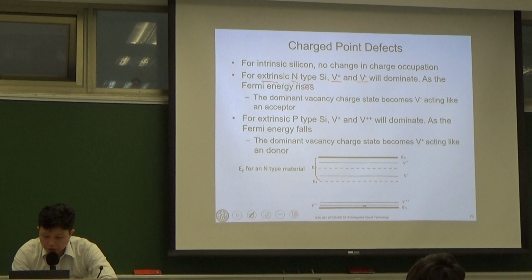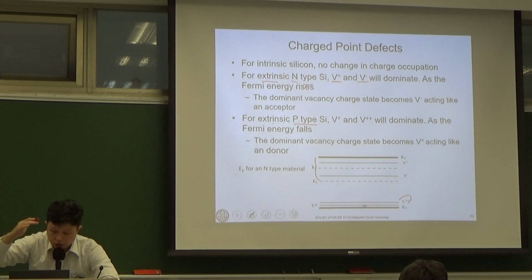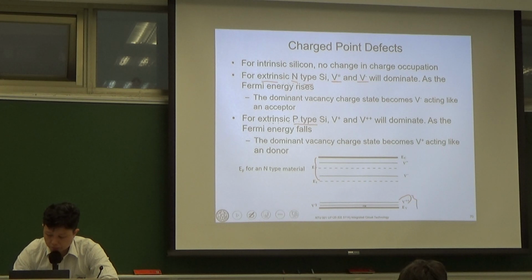And this dominant vacancy charge state acts like an acceptor, because it will accept your electrons. For the P-type, the V plus and V plus plus states will dominate when your energy level changes to this region, and this will act like a donor.